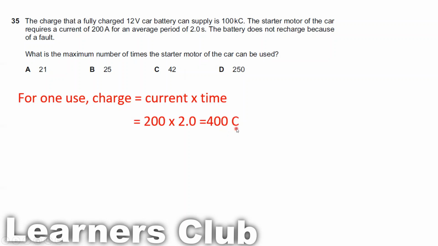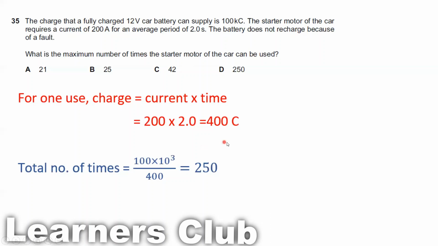How many 400 coulomb added together will give us 100 kilocoulomb? That will give the maximum number of times. So take the 100 kilocoulomb, kilo is a prefix 10 to the power 3, divide by 400 coulomb, you get 250 times. We can use 250 times the starter motor. So the option for this question is D.